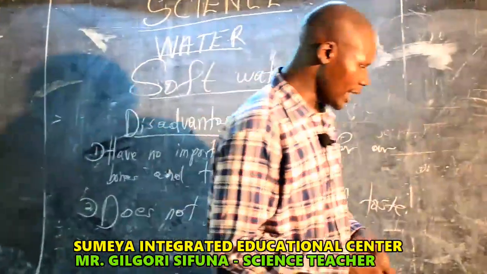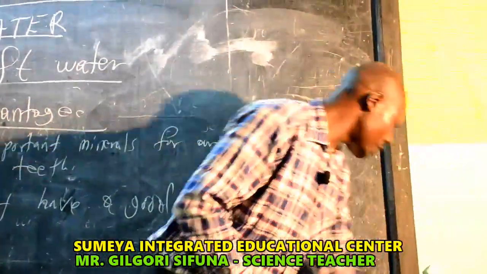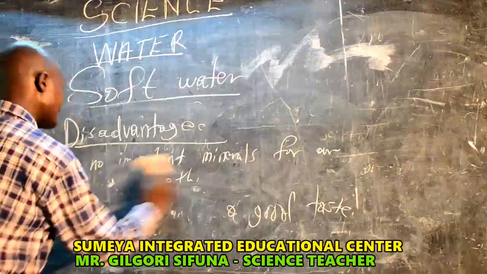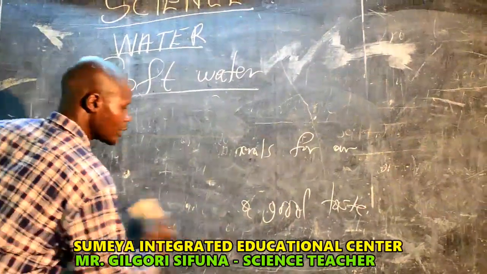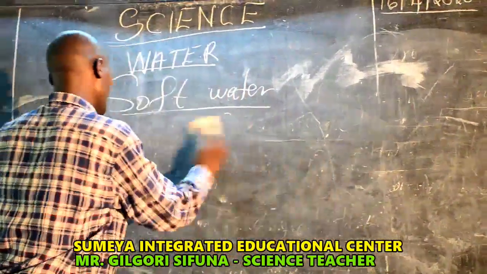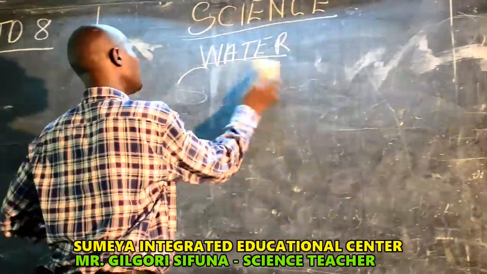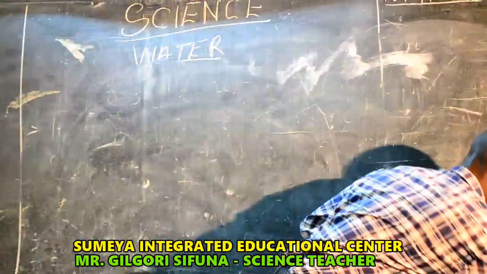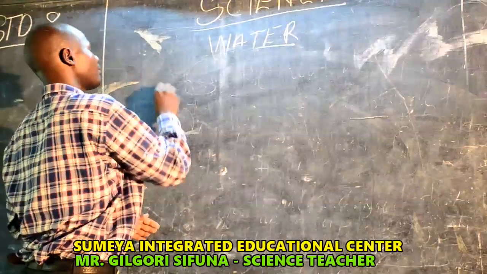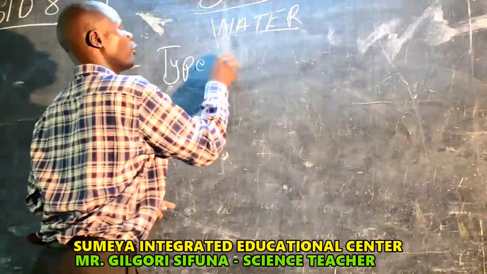Now, as I summarize, I want to talk about types of hardness. We have only talked about hard water. When we talk about hard water, there are different types of hardness.